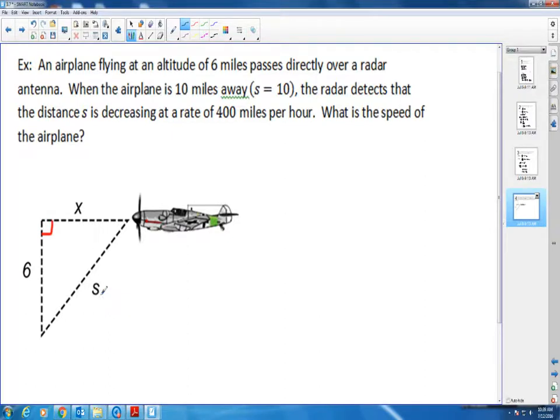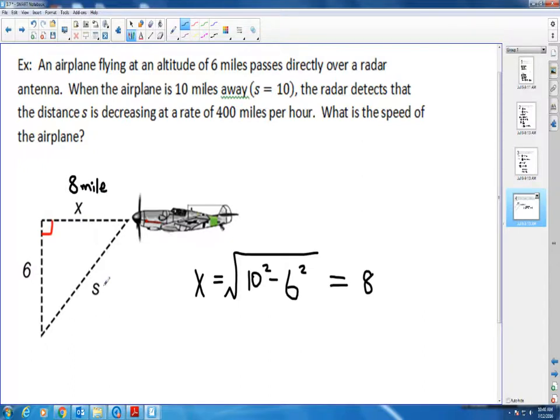When the airplane is 10 miles away, this x distance up top has to be the square root of the hypotenuse, which is 10 squared, minus my antenna, 6 squared. That will give me 8 miles. So this is 8 miles, and this s distance is detected at 10 miles out.